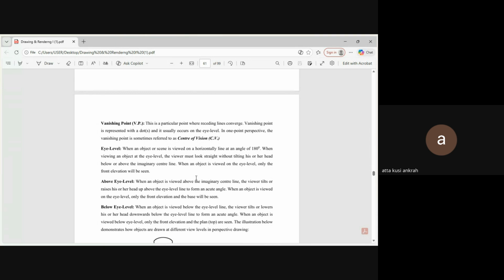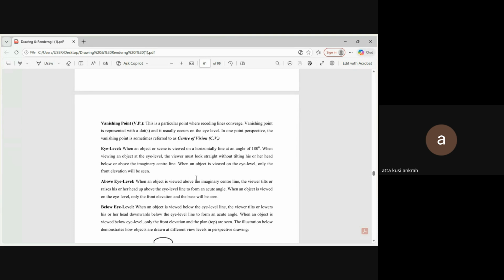The moment you tilt your eye, you are not looking at it from the eye level. It's like your posture is straight, look straight, maintain it. So the moment you turn, you are not looking at it from the eye level. But when you look at it straight, we call it the eye level.